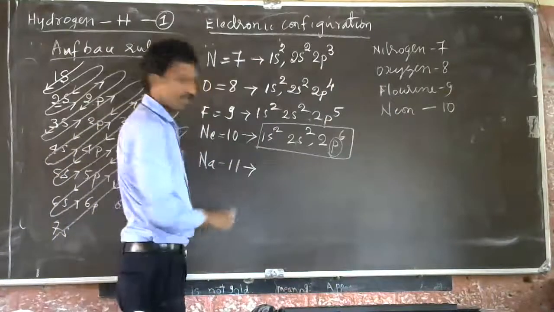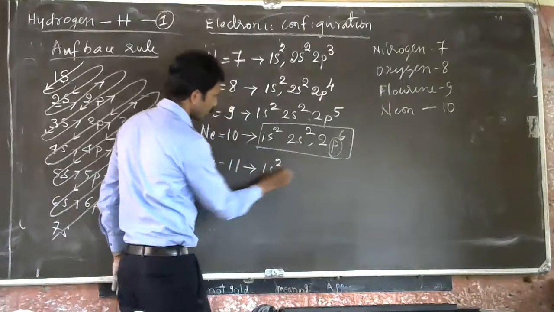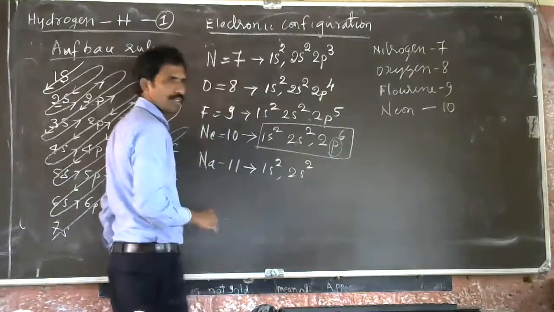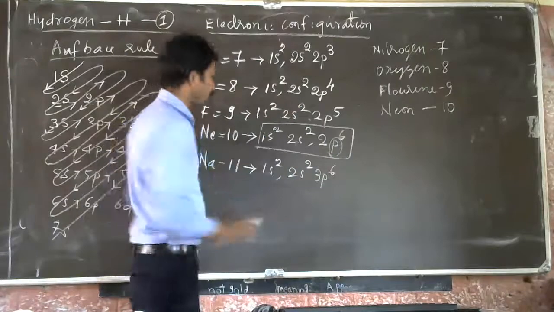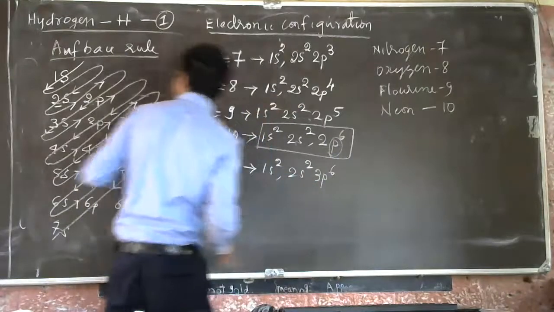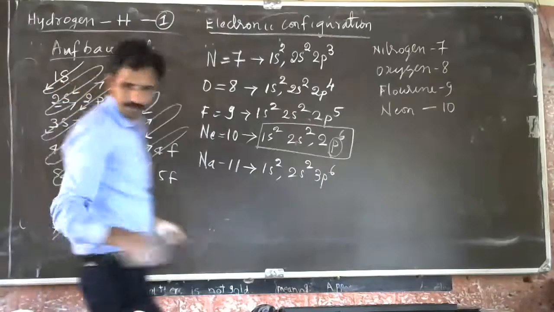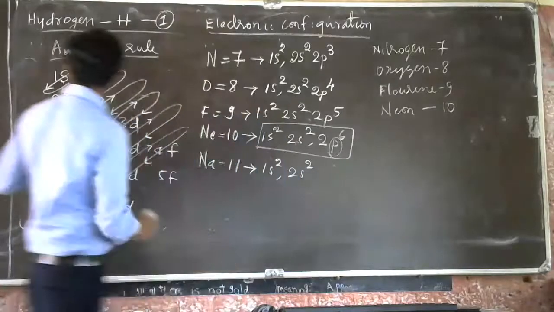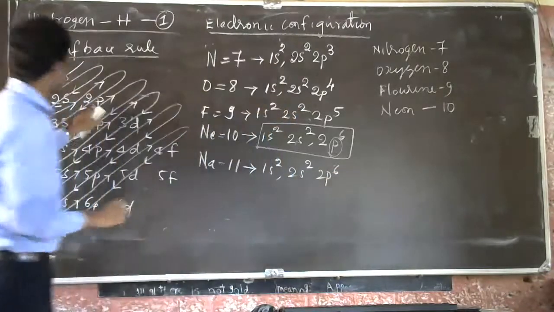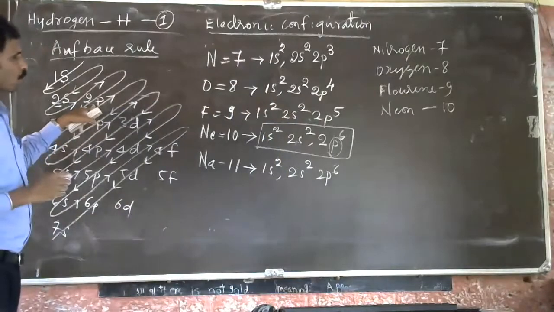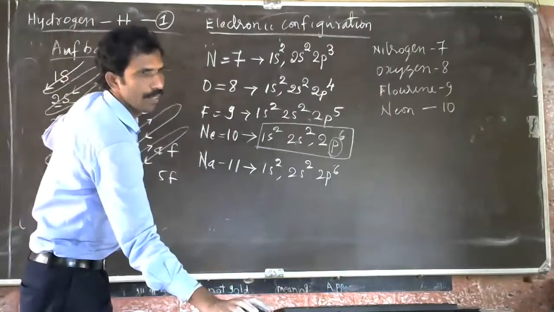The atomic number of sodium is 11. That means 1s2, 2 electrons in 2s, and 6 electrons in 2p. Totally 10 electrons are occupied. See, this p is completely filled now. After 2s, 2p comes, and 2p is completely filled with 6.